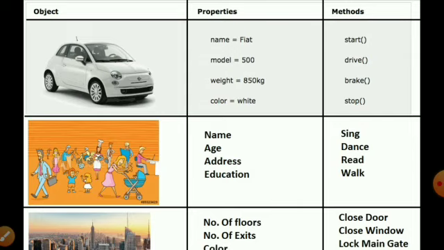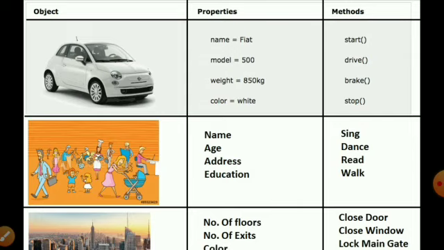Let's look at the next example: streets. What kind of attributes are associated with a street? Width, length, material of which it is made, number of entries into the street. These are just a few examples associated with a street.